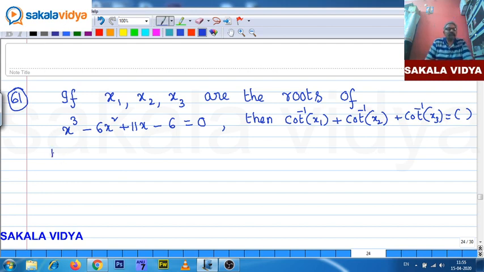First option is 0, second option pi by 2, third option pi, fourth option is 3 pi by 2.